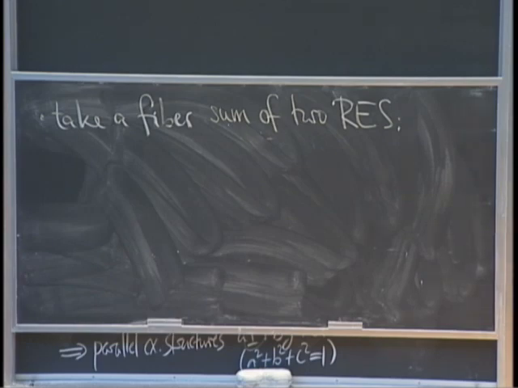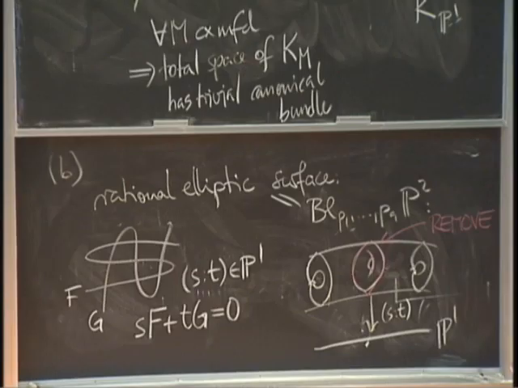What this means is you take a rational elliptic surface and you cut out one of the smooth fibers. So you take one of these tori, just a single one, and you remove that. So you've punched a hole in your space, and now what you do is that you open up this hole to a cylindrical end.